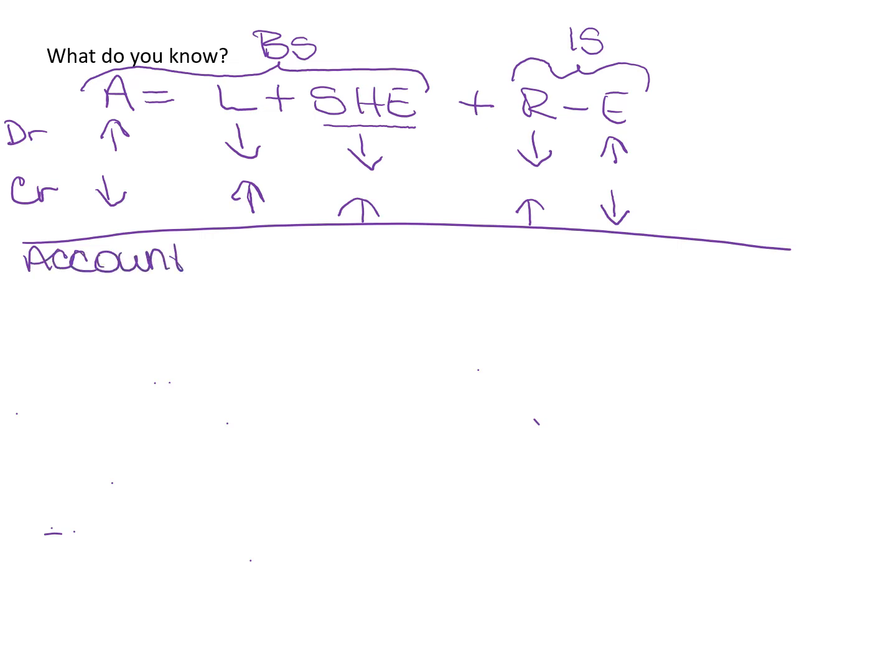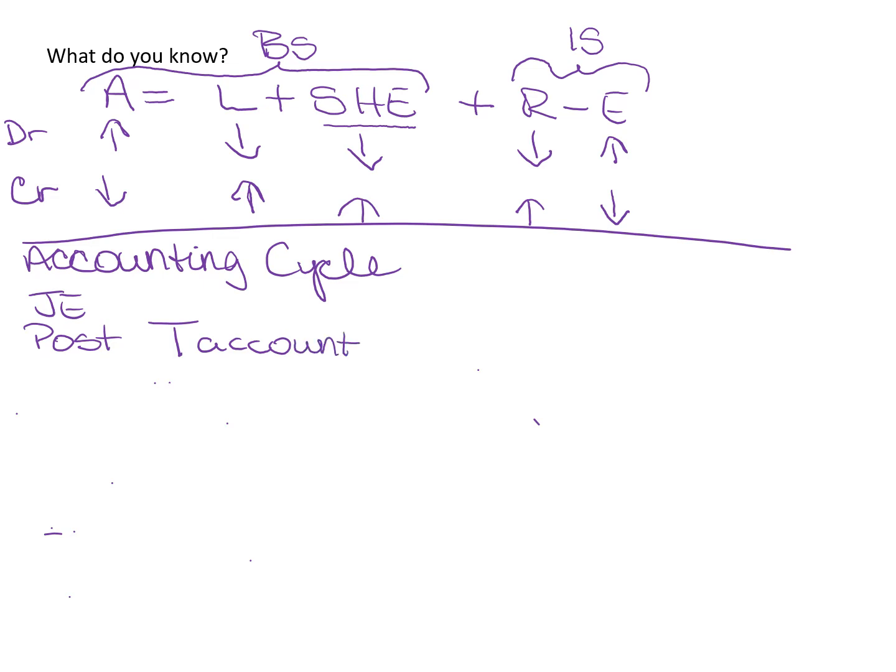The other thing we know is the accounting cycle. Daily we make journal entries, and we post those journal entries into, for our purposes, T accounts, also known as the ledger, and we make sure that we copied correctly by preparing a trial balance. The trial balance proves that the debits still equal the credits after you've copied them from the journal into the ledger.